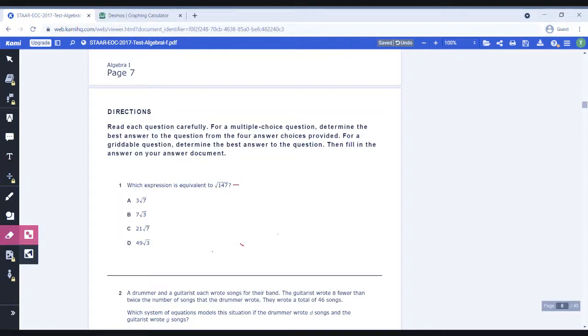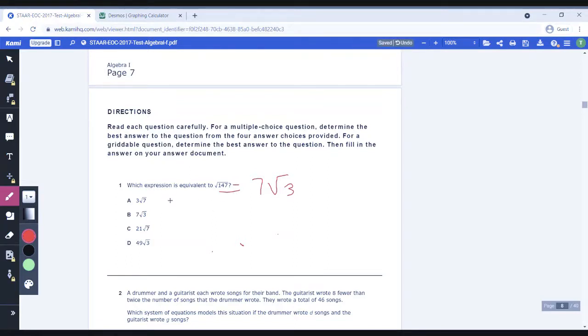Okay, so our answer was equal to 7 square root of 3, right? So let's look at our answer choices.